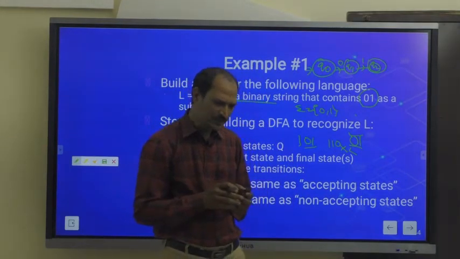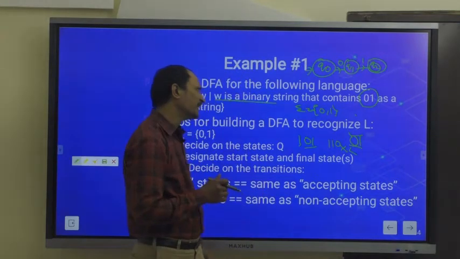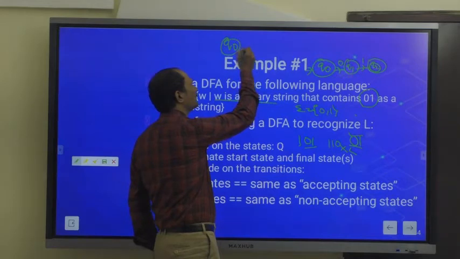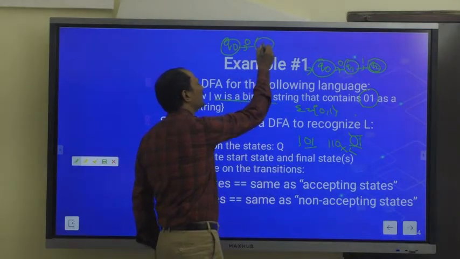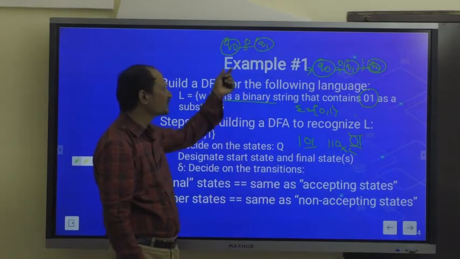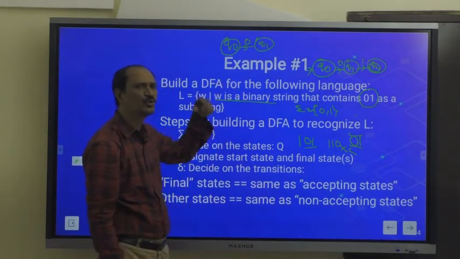All states should consume all input symbols is the first thumb rule in the construction of a DFA. And the second thumb rule is, whenever you apply a symbol, suppose you apply symbol 0 on Q0, it will go to one and only one state. On the application of the symbol 0, it has to go to only one state.